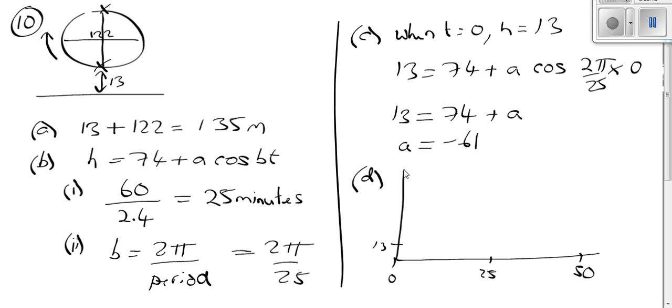We know the maximum height is 135. The height in the middle is 74. So the general shape is going to look something like this. And that's the end of the first period. Back up again. And something like that. That's question 10.